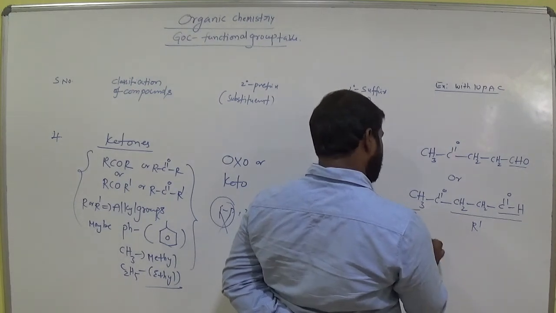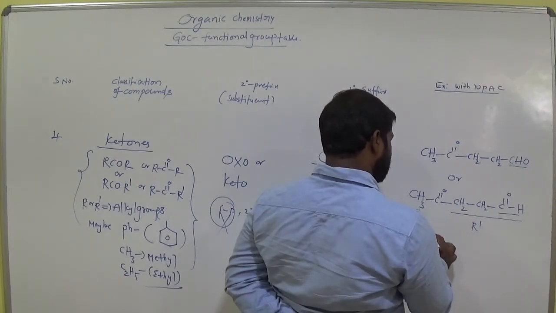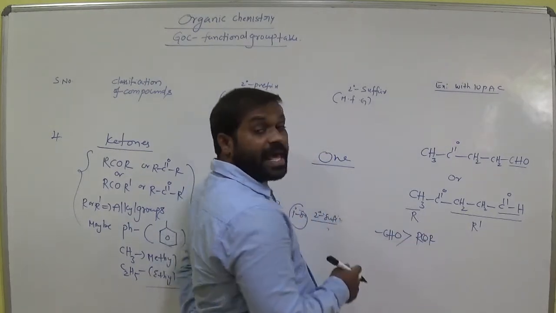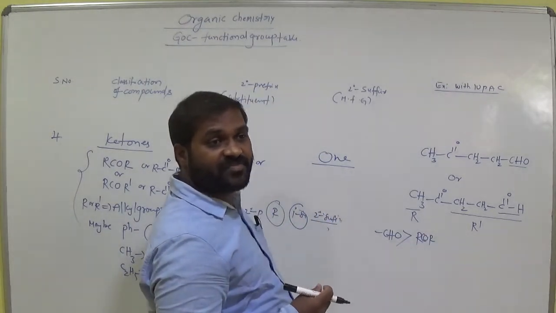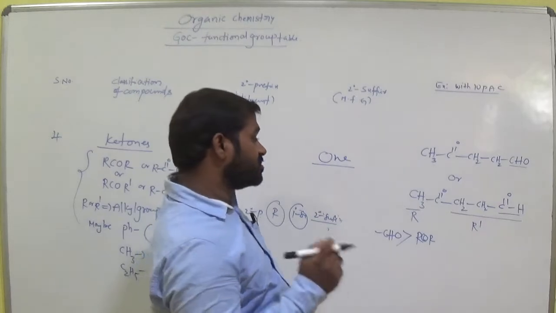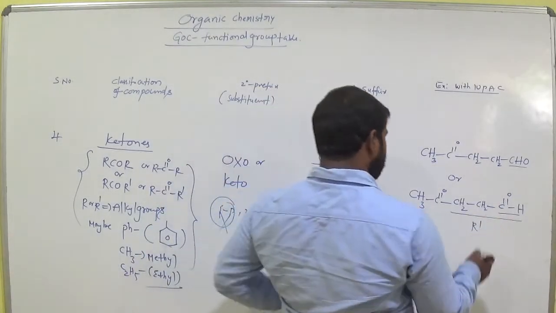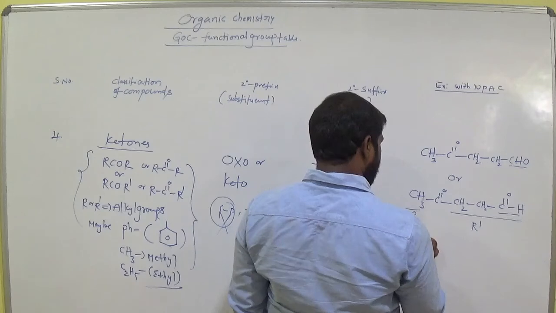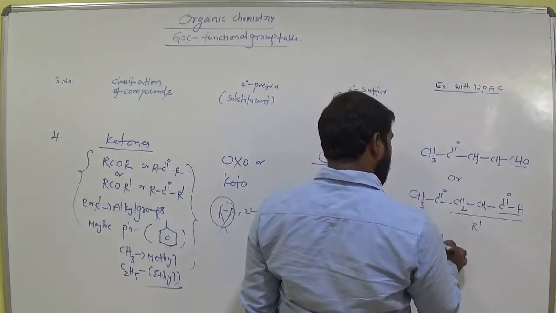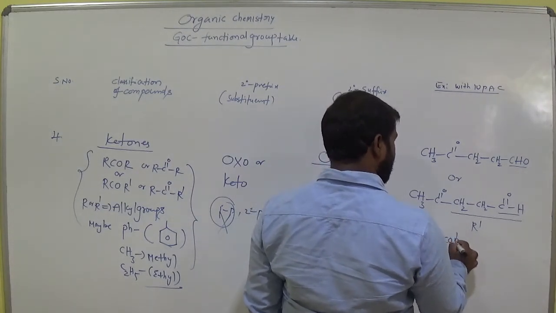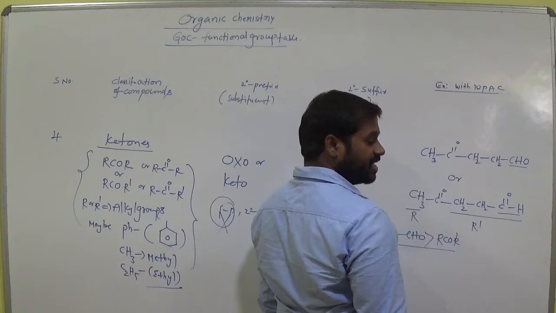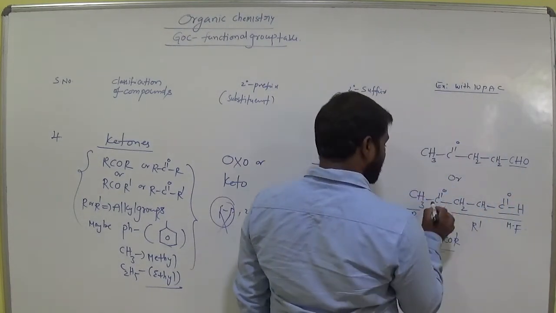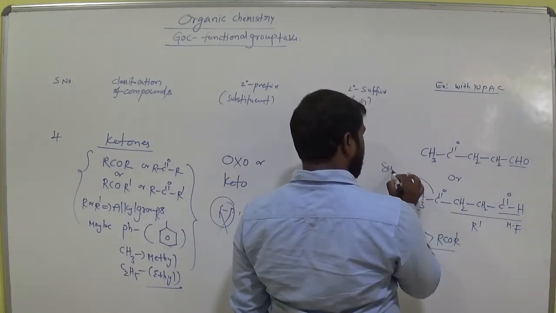Aldehyde has more priority than ketone; we already discussed the functional group priority order. So aldehyde is the main functional group, and the ketone acts as a substituent.